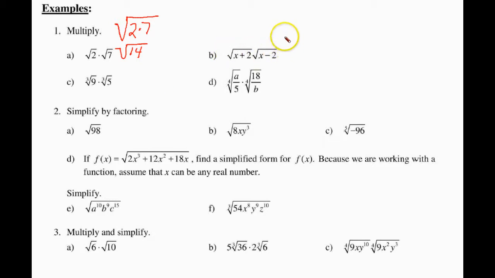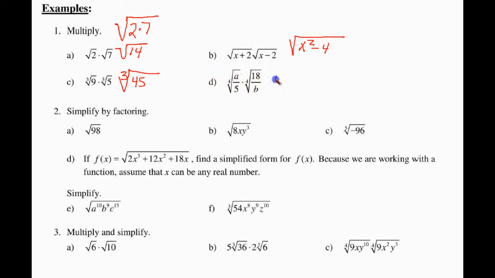And this under a common radical sign, I don't know if you recognize that. These are conjugates, so you end up with x squared minus 4. That's what this is. And here it'll be the third root, same index number, so this is 45.